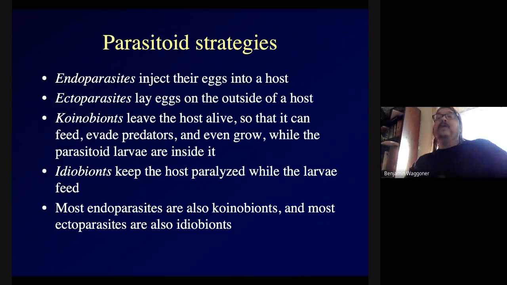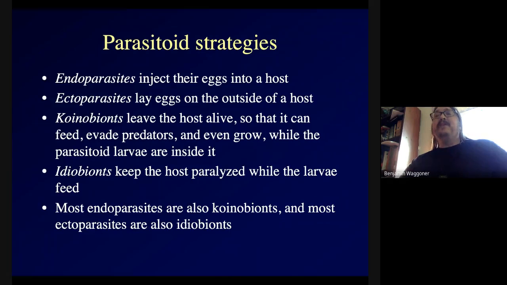These are the ones that I mentioned inspired the movie Alien. And then idiobionts, the larvae feed, the host is still living, but it's paralyzed. The host can't move, the host doesn't do anything, but just sits there and gets devoured from the inside out.